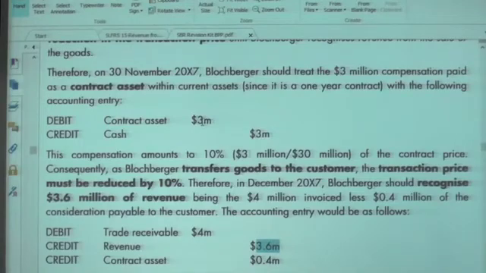Is that clear? Then what happened finally? That contract asset will be amortized over the period. That's how you have to account for consideration paid to the customer. Simply you can summarize like this. Write down with the point E of paragraph 48.